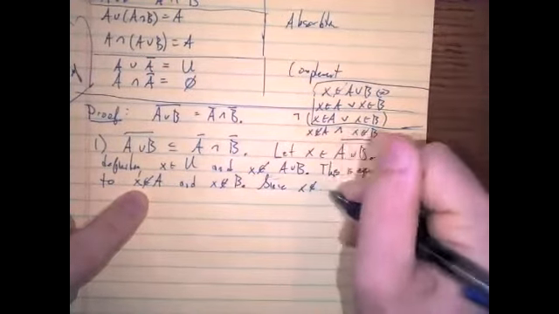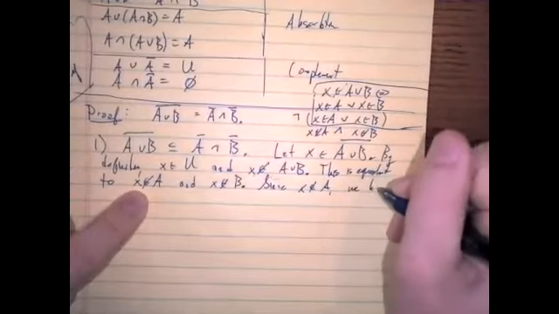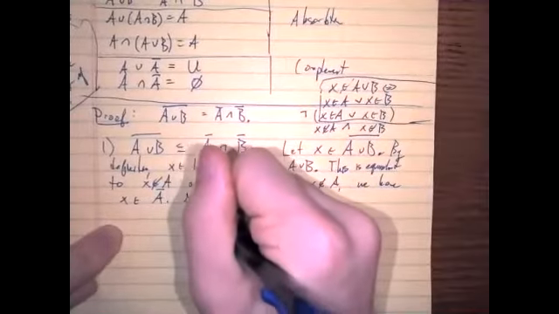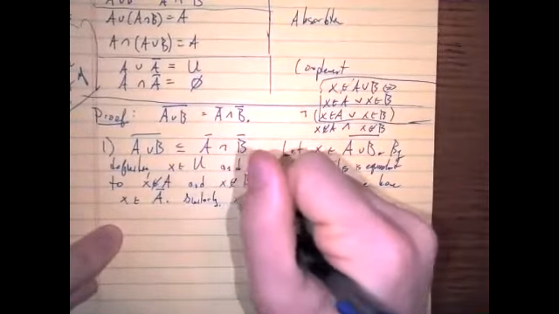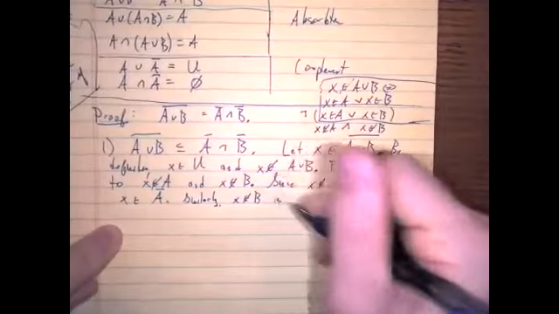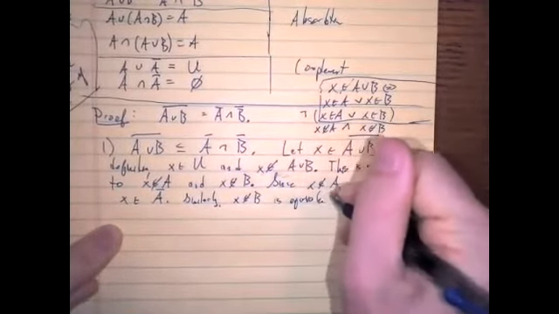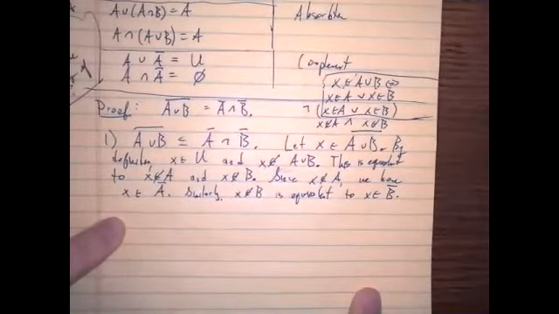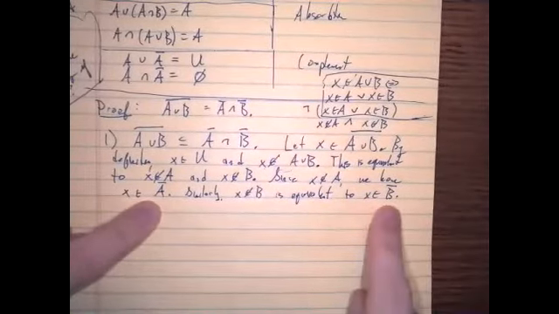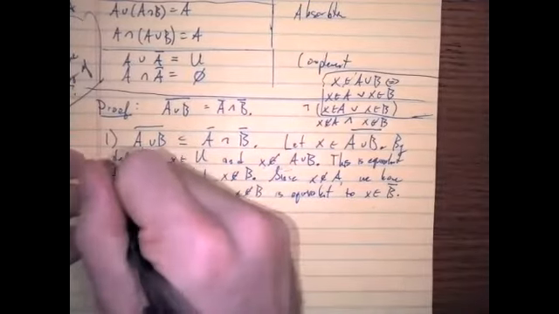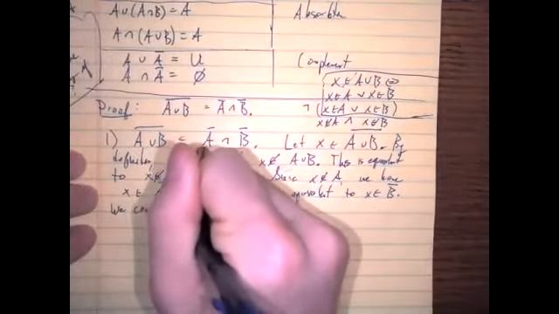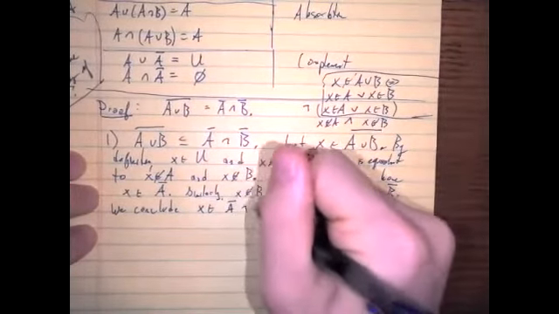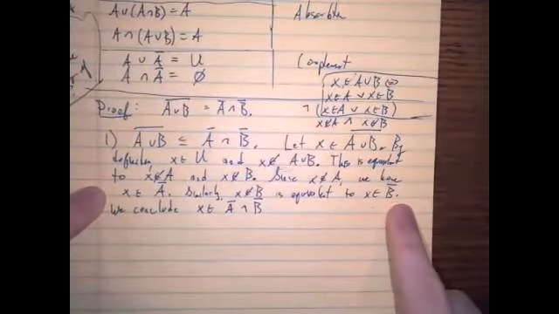Since X is not in A, we have X is inside A complement. Similarly, X is not in B is equivalent to X is inside B complement. Since X is inside A complement and X is inside B complement, we conclude that X is inside A complement intersect B complement, because it's in both.